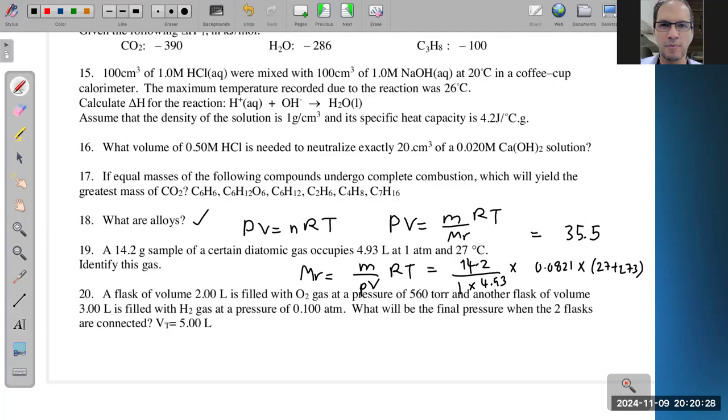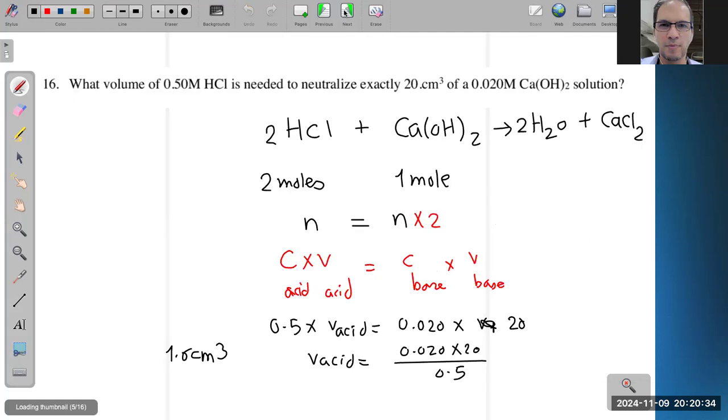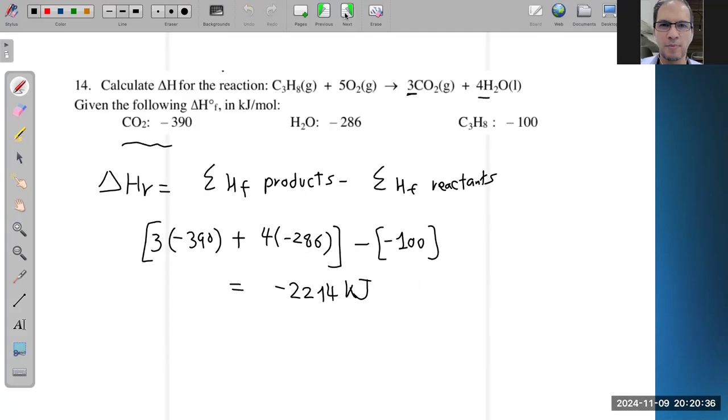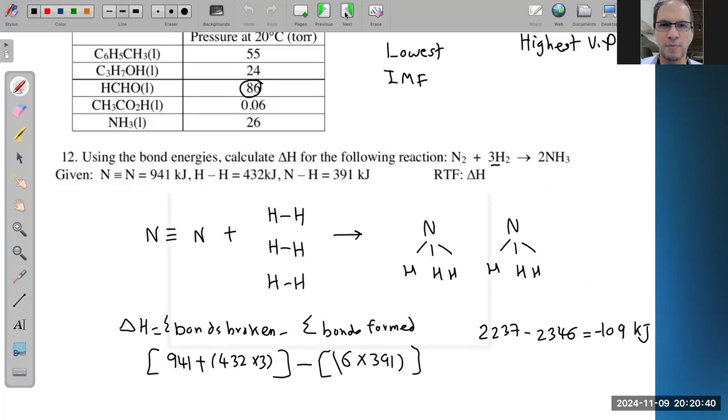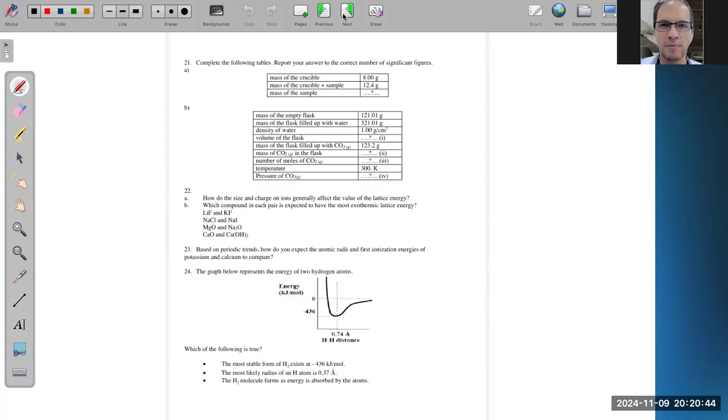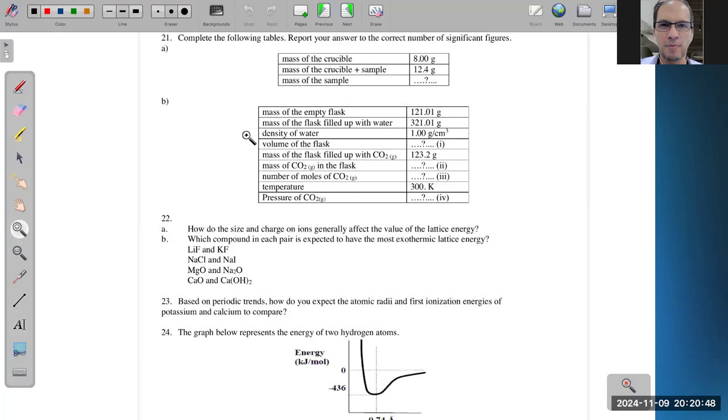And this is the atomic mass of chlorine. So this is chlorine. Another question. This is easy.